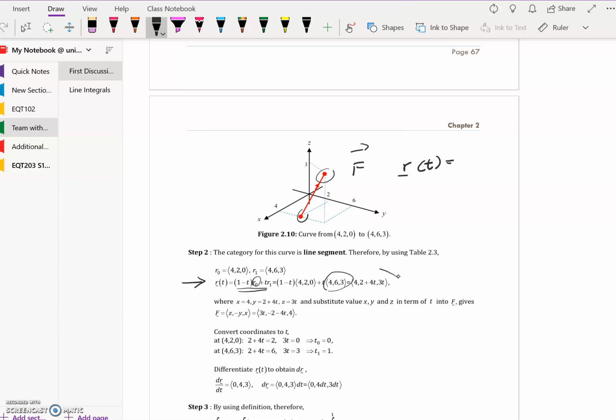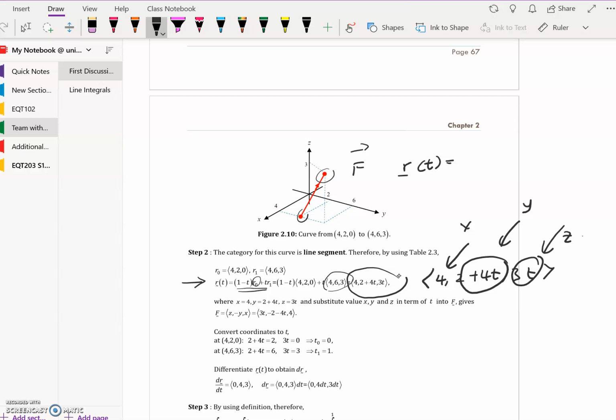So you will have your r equals (4, 2 plus 4t, 3t). This means this is your x, this is your y, and this is your z. x of t is 4, y of t is 2 plus 4t, z of t is 3t. So that is the meaning of your r(t).